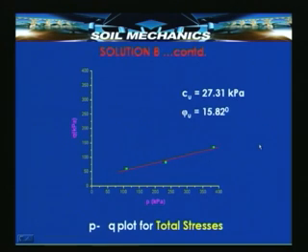This is the situation for total stresses, but since in this problem no pore pressures were known, we can only get total stresses and total stress parameters. Now, let us go further.